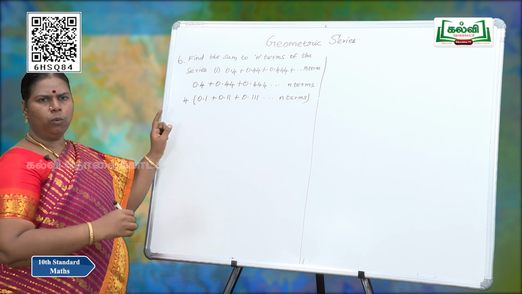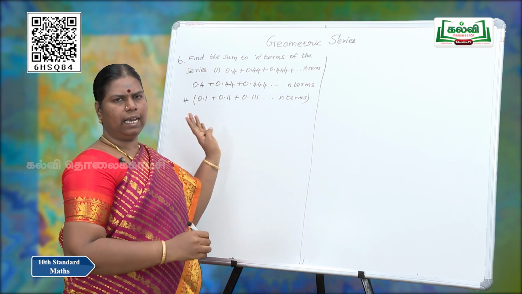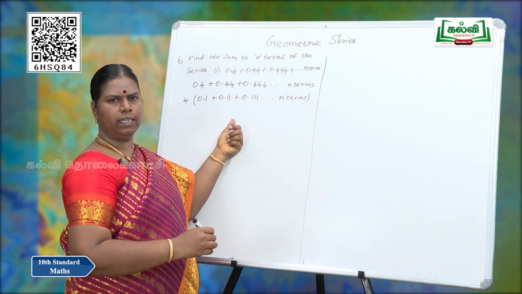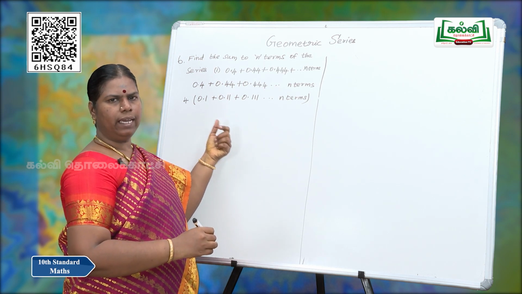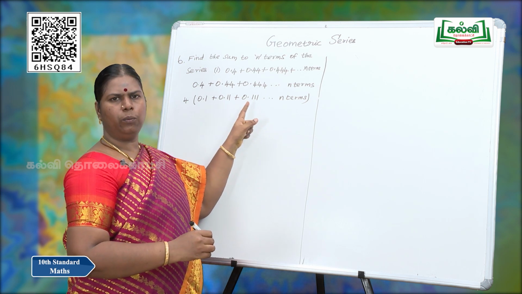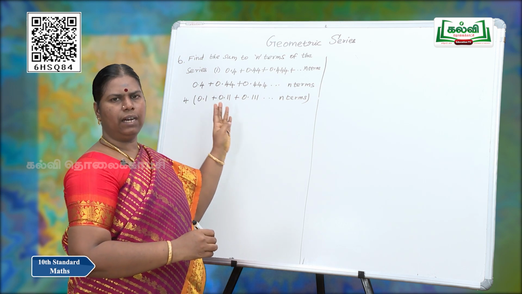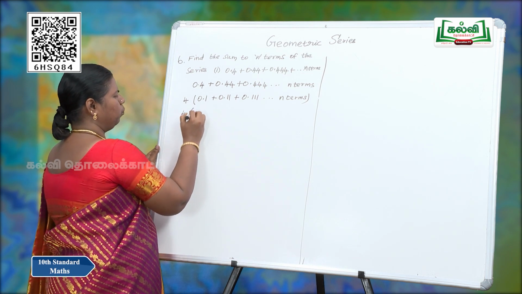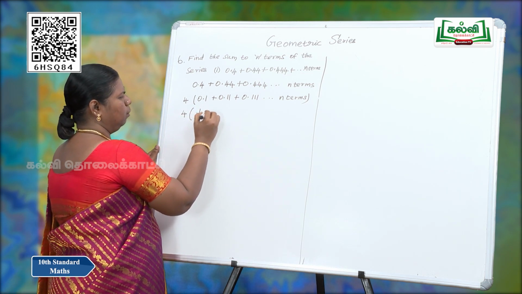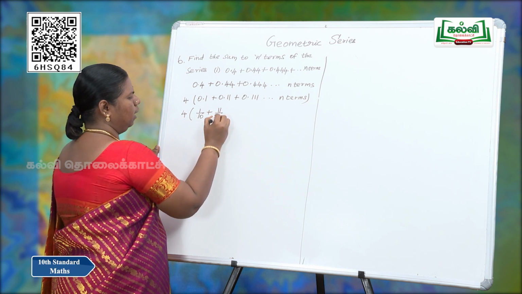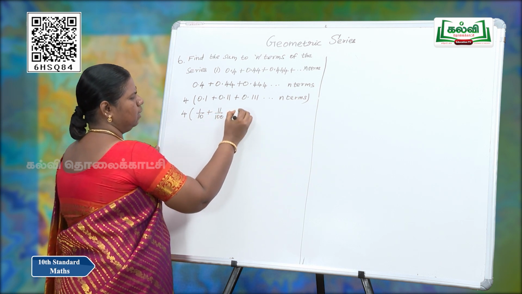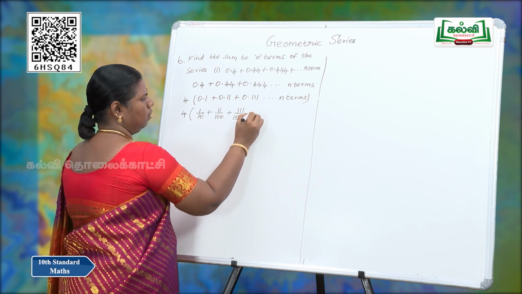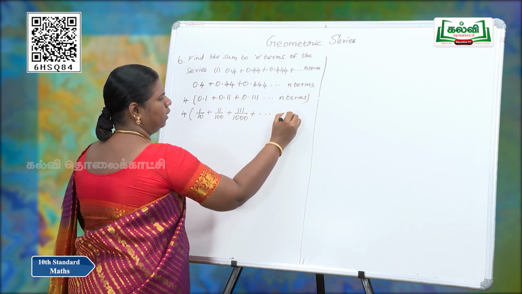Now, 0.1 can be written as 1 by 10, 0.11 can be written as 11 by 100, 0.111 can be written as 111 by 1000. So, 4 into 1 by 10 plus 11 by 100 plus 111 by 1000 up to so on n terms.